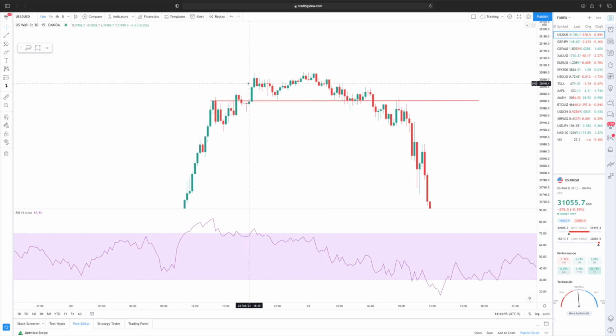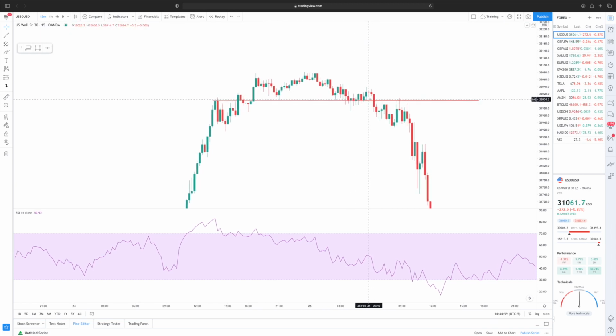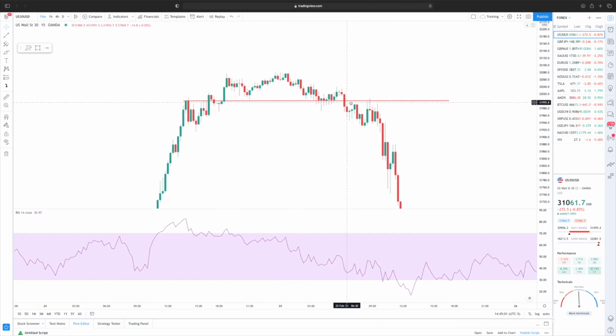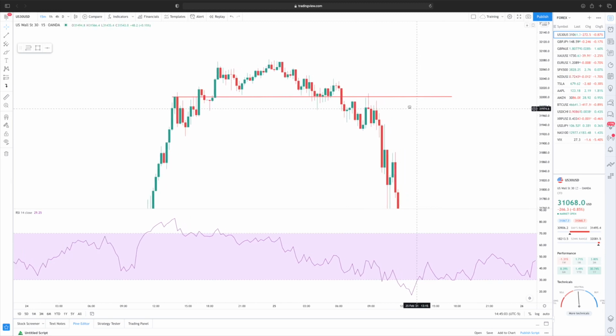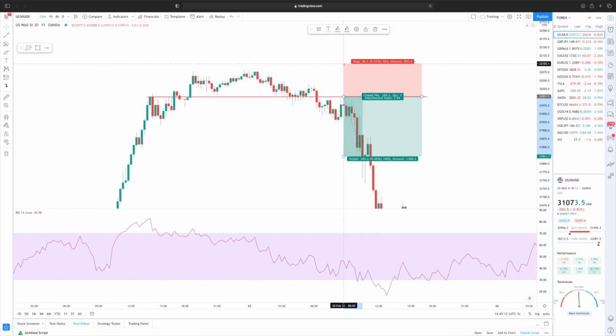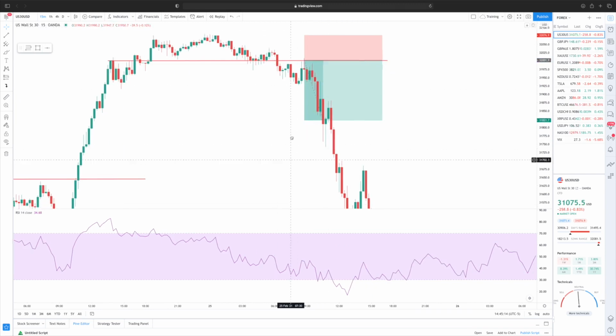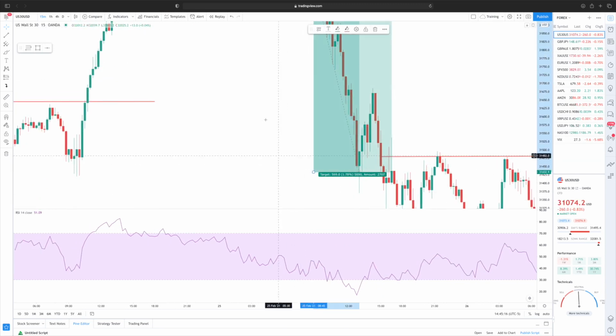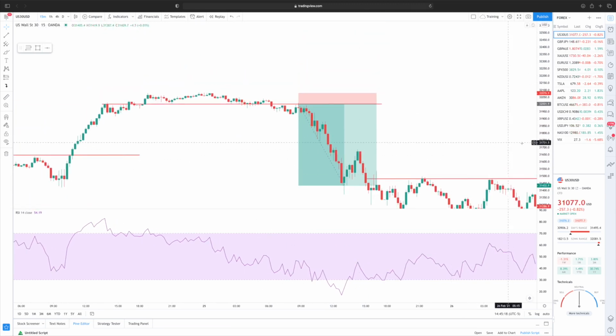And when it broke above, 32,000 served as support. Okay, now it finally broke under the 32,000. And it came back to retest the 32,000. So what do you do here? Right at the retest, this is your entry right here. All right, and you get that all the way down right there.